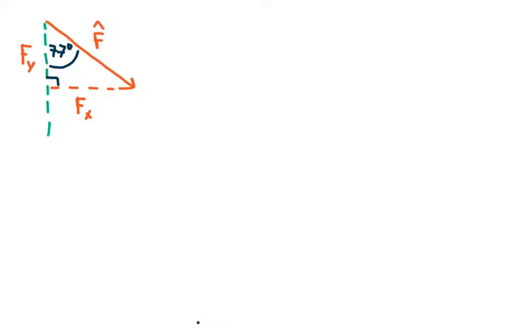Okay, now we'll just hit this with some trig and then solve for our x and y components. So we've got the sine of 77 degrees. Sine of 77 degrees is equal to the opposite side, so Fx in this case, divided by the magnitude of the hypotenuse.